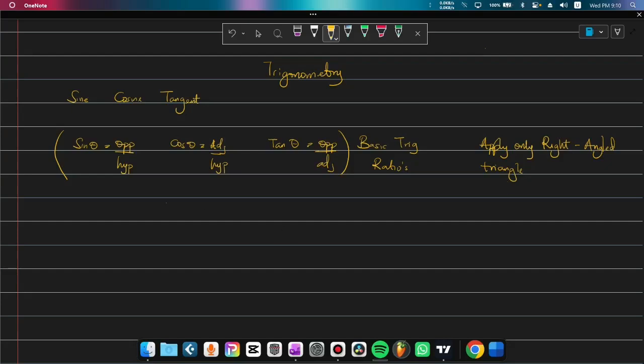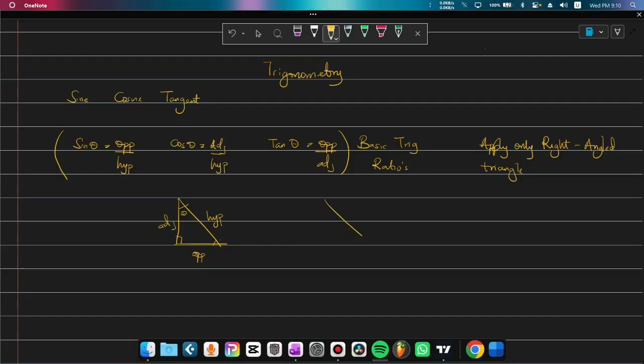So if you have, let's say, a right angled triangle, and one of these angles can be theta, either this or this angle. Now let's take this angle to be theta. This would be the opposite side to the angle. Whatever the angle 90 is facing will be the hypotenuse side of the angle, and the last side will be the adjacent side of the angle.